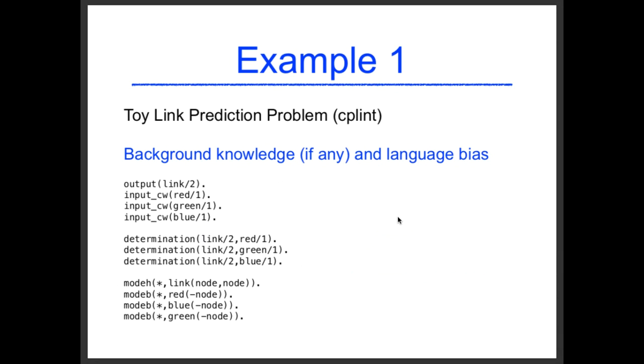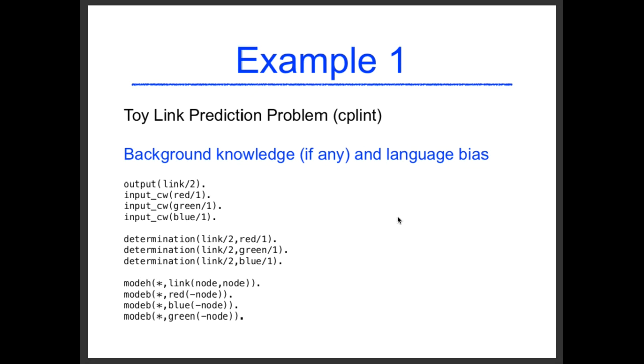And same as with Markov logic, what is output, what is to be predicted, is open world, not closed world, as opposed to red, green, and blue. And the number here says the arity of the predicate. So this is binary output, the link predicate is binary, and red, green, and blue are unary. So this is the number.